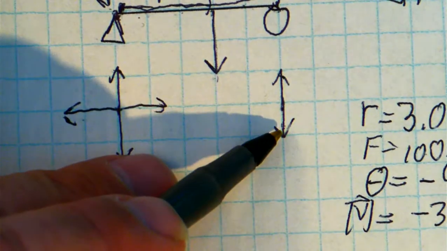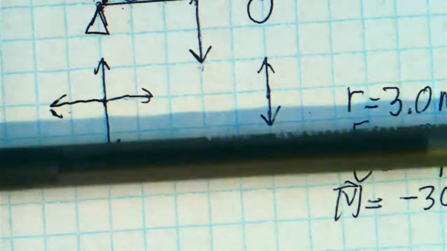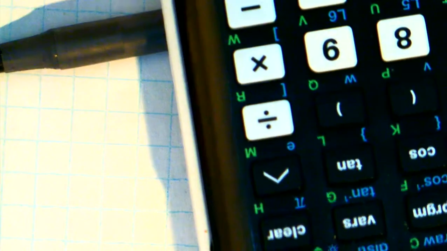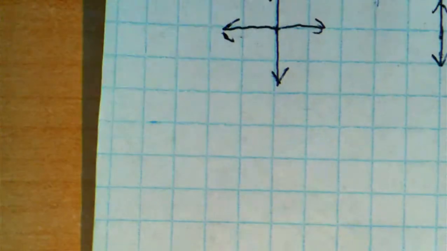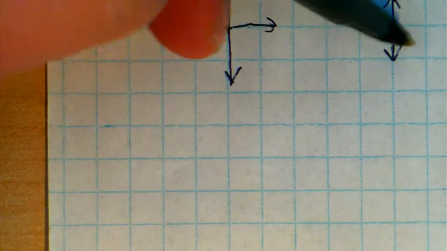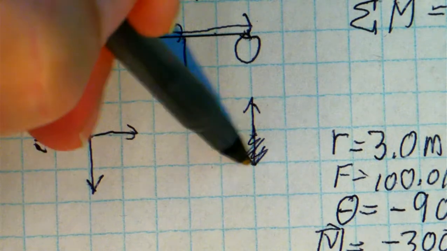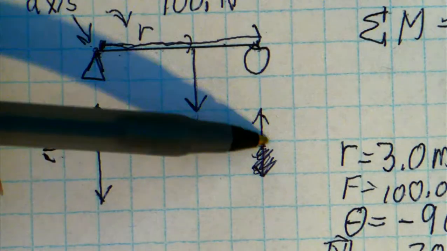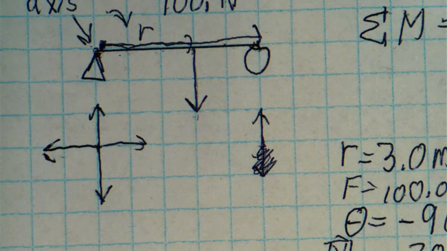In fact, I'm not even sure a roller can pull down on a beam. I mean, think about it. If I put my calculator on top of my pen and I lift it up, the pen doesn't keep it from going up. So I'm not even entirely convinced that this is an option when we consider the degrees of freedom acting through a roller.